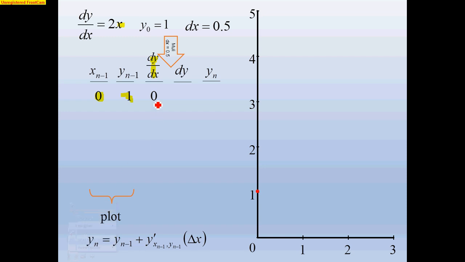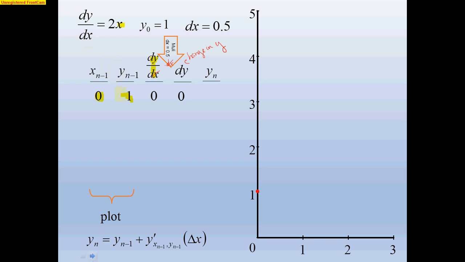What happens here if you just multiply by dx? If you multiply dy/dx by dx, don't you get dy? And this is your change in y. What should you change y by? So if you multiply the change in y by the change in x, you'll get the change in y, yes? Now in this case, since dy/dx was 0, multiplying by 0.5 gives me 0, so it says don't change your y by any. So go to your y, 1, and don't change it.